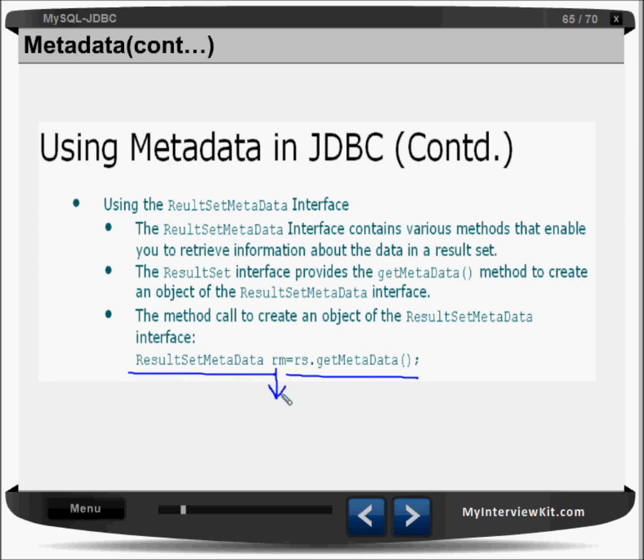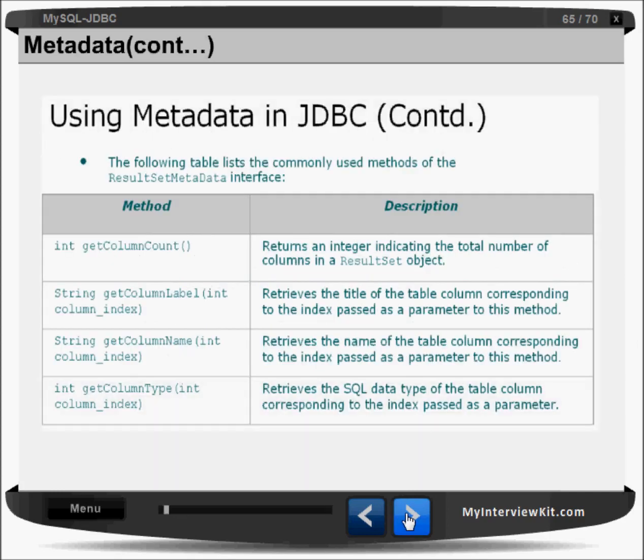Now with the help of this, we can retrieve the column names of the table, how many columns, what are the data types, the column type, all we can get here. So if you see, these are the methods we have: getColumnType, getColumnName, getColumnLabel, getColumnCount.